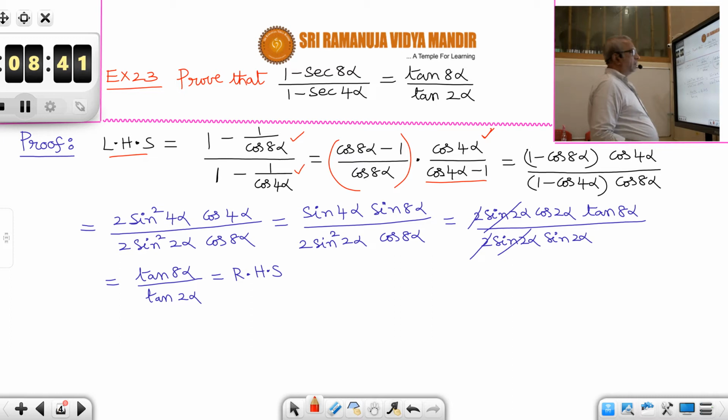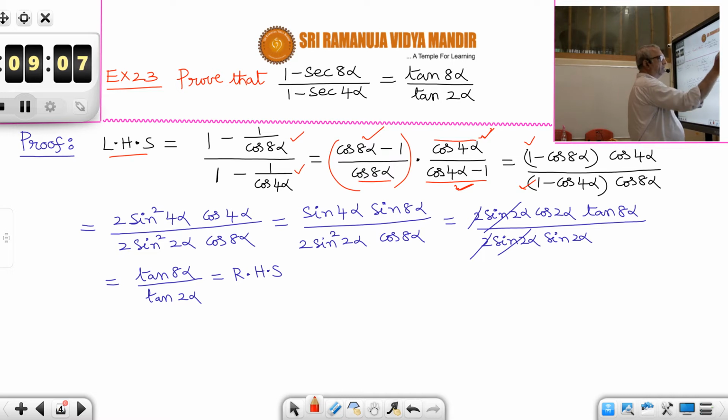Now these two, cos 8 alpha minus 1, cos 4 alpha minus 1, multiply by minus 1, both numerator and denominator. So I will write cos 8 alpha minus 1 as 1 minus cos 8 alpha, cos 4 alpha minus 1 as 1 minus cos 4 alpha. Okay, just I have multiplied by minus 1, both numerator and denominator. Remaining factors cos 4 alpha and cos 8 alpha are there, so they will remain like that only.